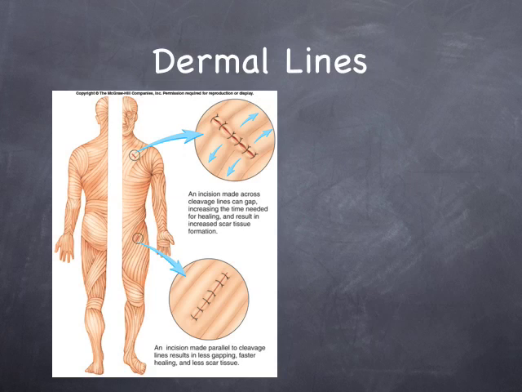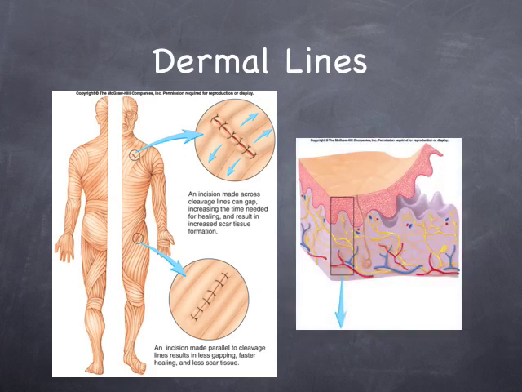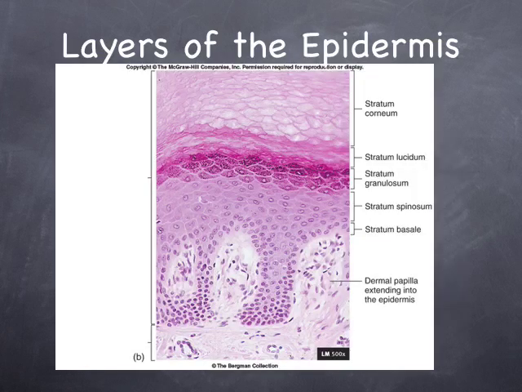So the dermis is really where all the action is in the skin, right? Now, we've talked quite a bit about the dermis and the hypodermis. Let's look at the epidermis in more detail now.